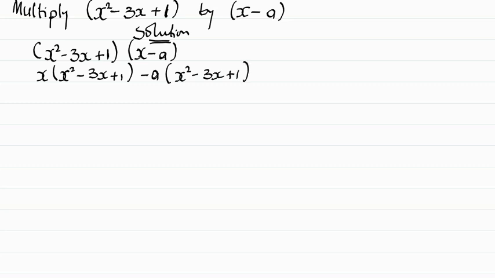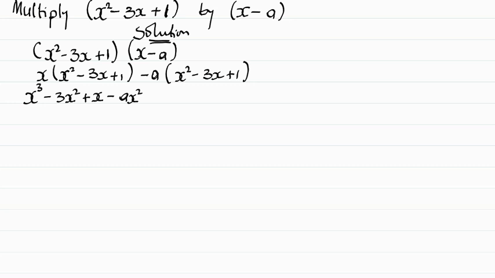Now x times x² gives us x to the power 3, or x cubed. Now x times minus 3x gives us minus 3x². x times plus 1 gives us plus x. Minus a times x² gives us minus ax².